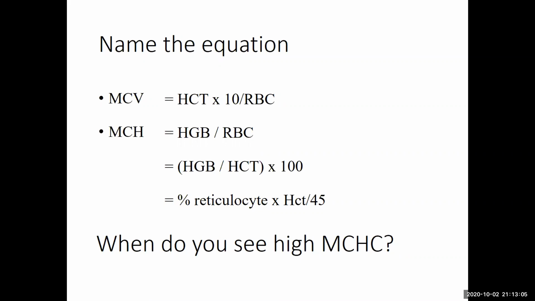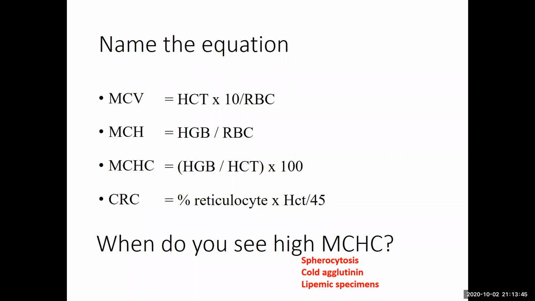And then the next one, hemoglobin over hematocrit instead of the RBC, times 100. MCHC. Perfect. And then the last one, percent reticulocytes times the absolute retic. So it's basically corrected reticulocyte count, so that's pretty close. And then when do you guys see a high MCHC? Iron deficiency. It's a good thought. I'm not sure though. Oh, okay. Yeah, these are the 30 things that I saw on the compendium.